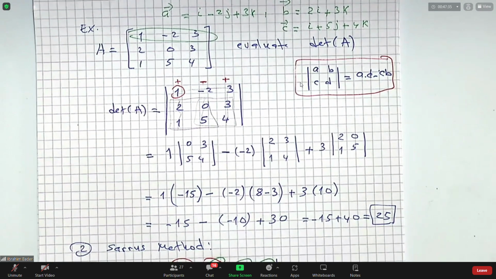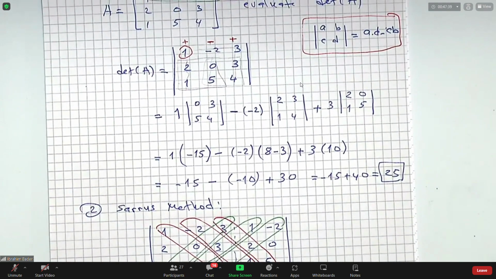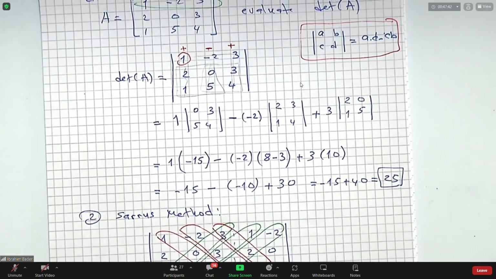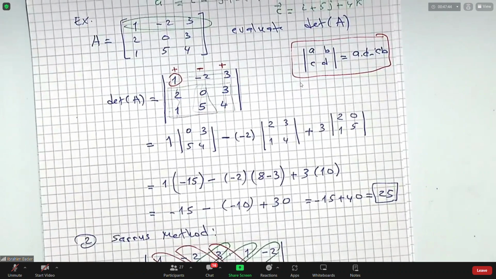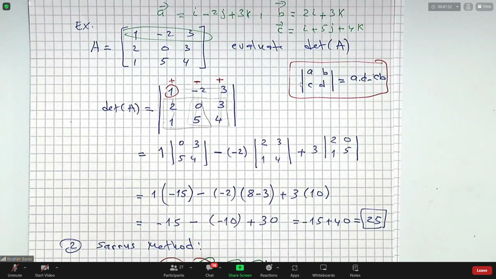For example, if A and B are linearly dependent, B will be maybe twice or thrice or 4 times A. Exactly, that is what linear dependency means.